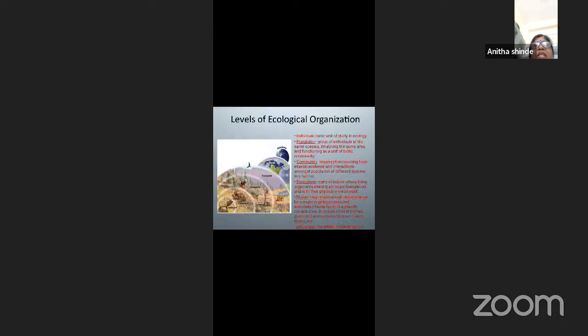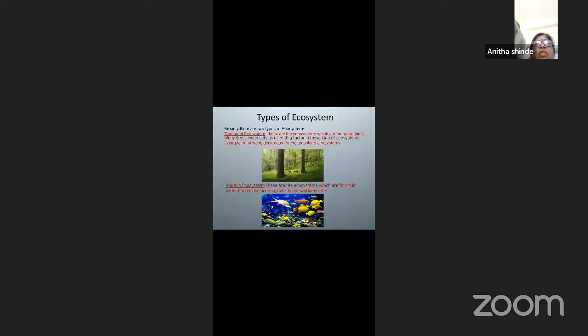Now, already we have discussed ecosystem. There are two types of ecosystem. One is called a terrestrial ecosystem, and the other one is an aquatic ecosystem. Terrestrial ecosystems are the ecosystems which are found only on the land. Examples you can give are rainforest ecosystem, deciduous forest ecosystem, grassland ecosystem. In general, forest ecosystem, grassland ecosystem.